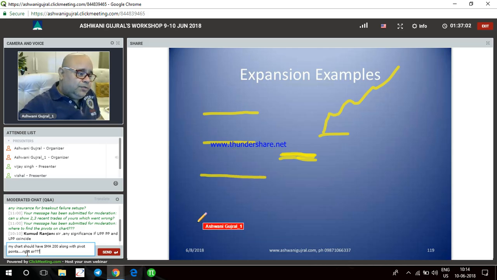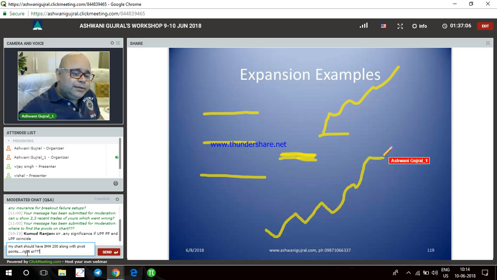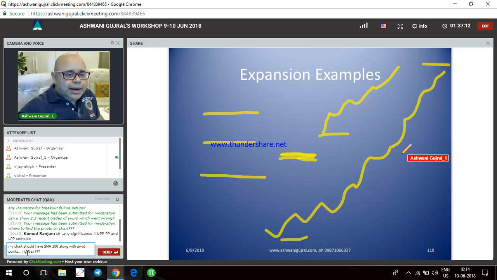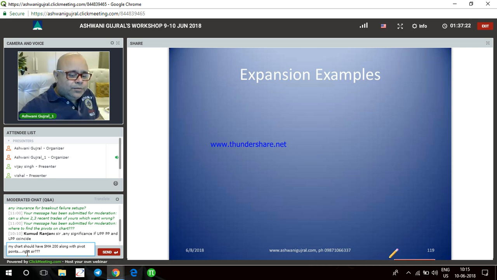wide? When the previous day is a large day, because high, low and close divided by 3 will be far ahead. So try to understand this one simple thing. Say it is a trending market.